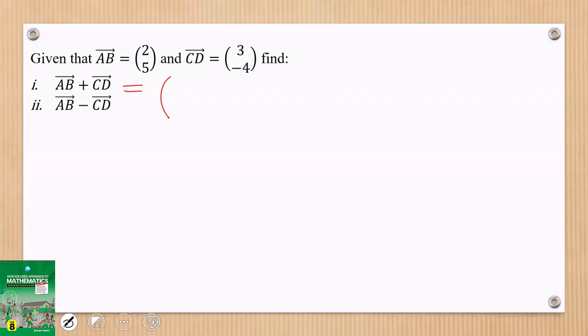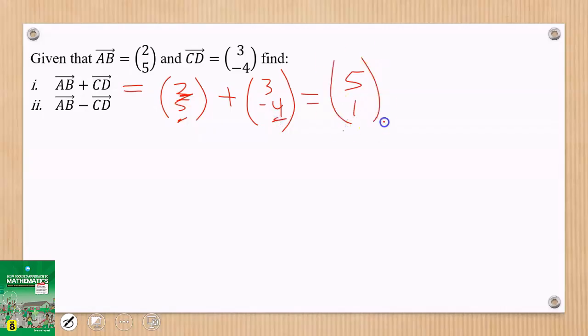So AB is (2, 5) and CD is (3, -4). I'm going to just add the x component. 2 plus 3 is 5. 5 plus -4 is 1. So the vector sum is (5, 1).